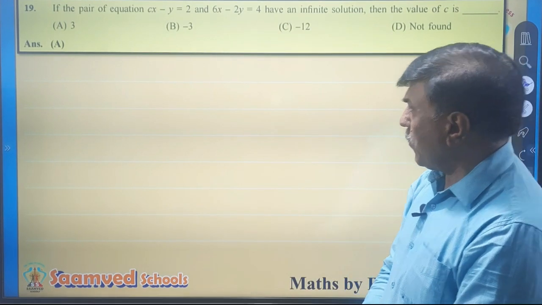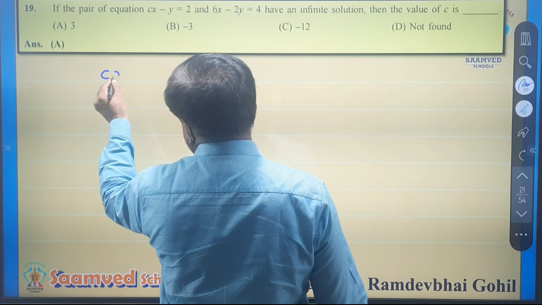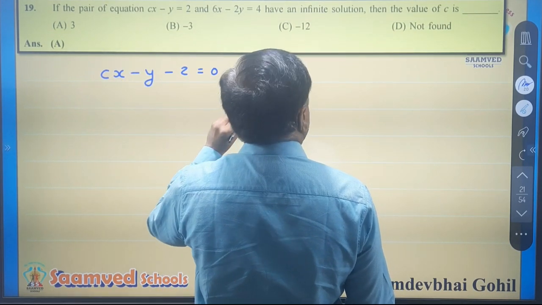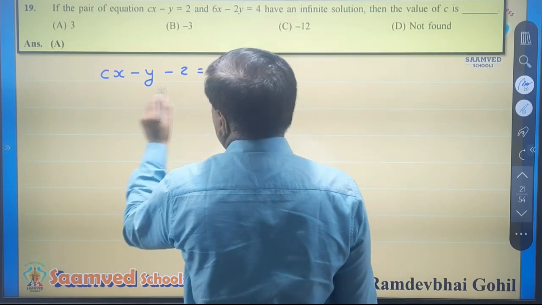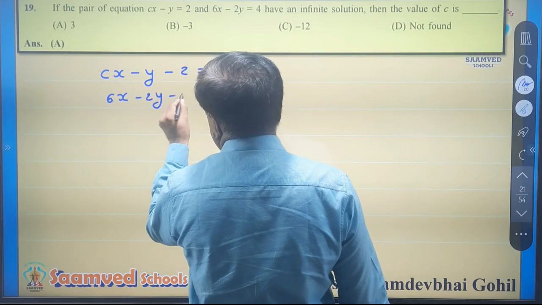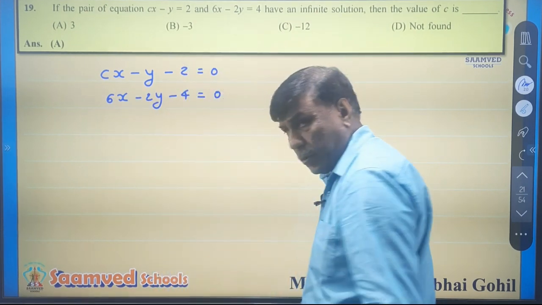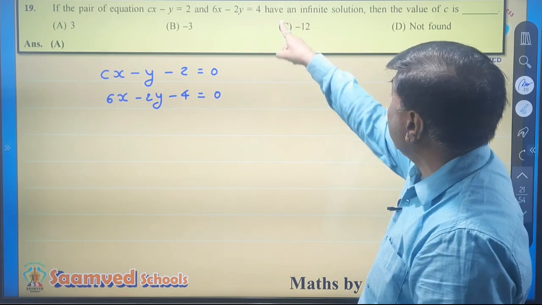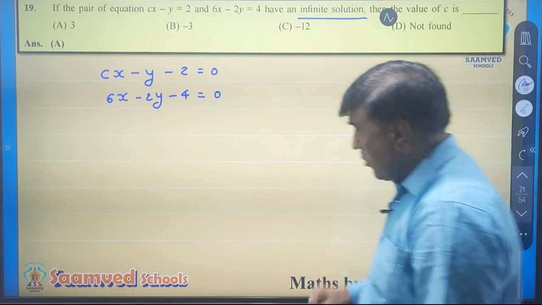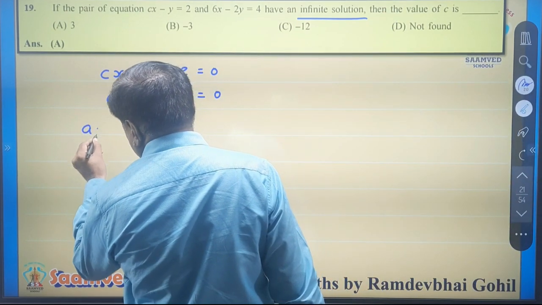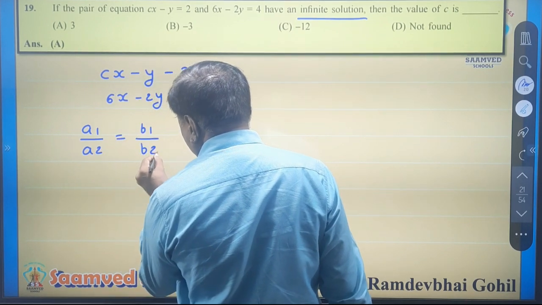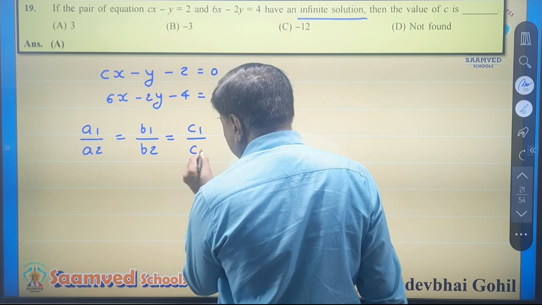Number 19. There are two equations: cx minus y minus 2 is equal to 0, and the second equation is 6x minus 2y minus 4 is equal to 0. And you are given that they have infinite solutions. Infinite solutions means a1 upon a2 is equal to b1 upon b2 is equal to c1 upon c2.